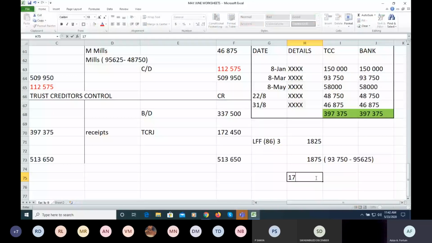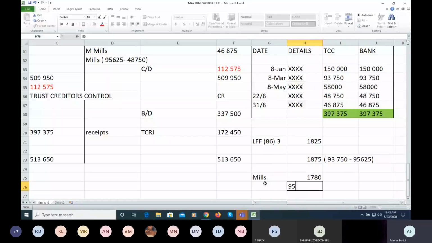And 5%, 1875 minus 1780, let's just say 95 rand. So 95 rand will go to the legal fidelity fund. And then we'll get our 1875.